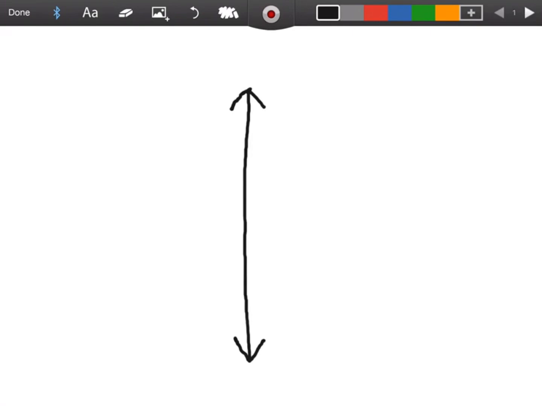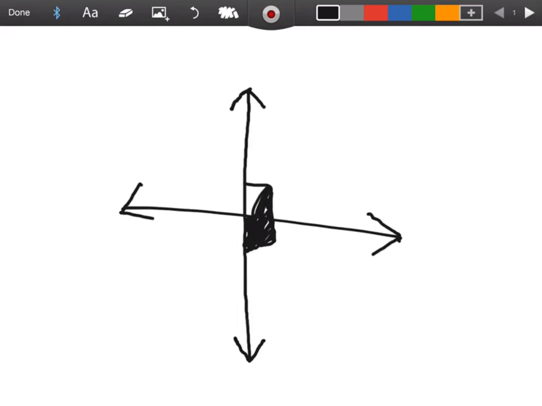They always have to have the arrow marks. And look at this, it has a right angle right there. So since it has a right angle, it's called a perpendicular line. Look, there's another right angle. See if you guys can spot all these. There's another one.